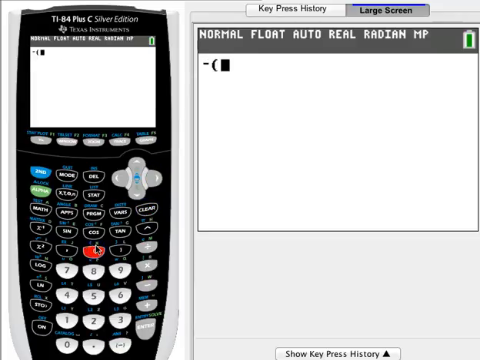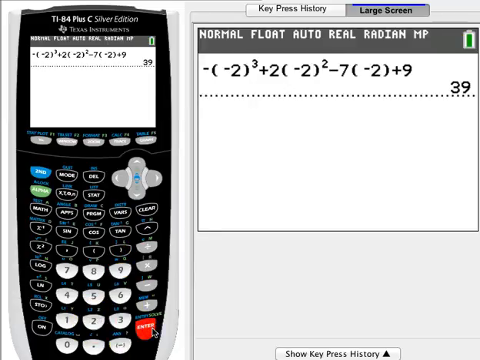So negative of (-2) cubed plus 2 times (-2) squared minus 7 times (-2) plus 9. So if you're really careful and you write it in the calculator exactly the way that I wrote it out on the screen, the calculator actually will be able to do all of this for you as well. So you can use PEMDAS, or if you're clever, you can also get the calculator to do this work for you.